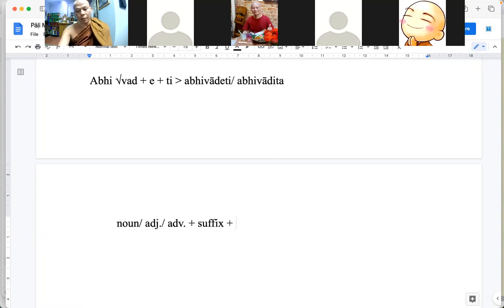After that, the verb termination, VT. So we have the final verb form. So that is called the denominative verb.